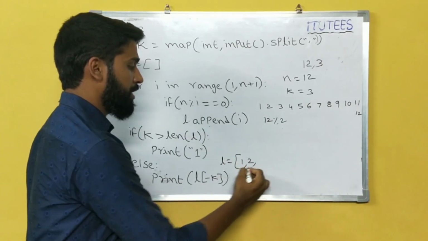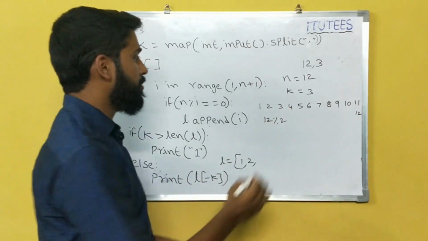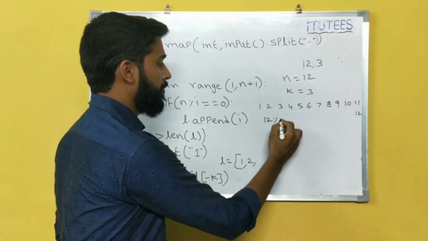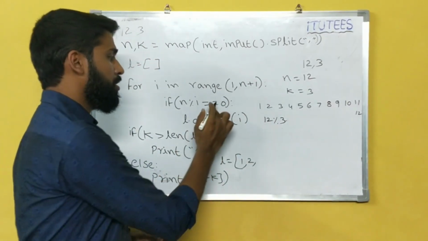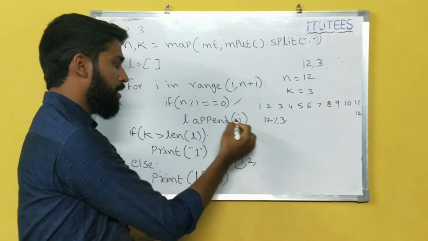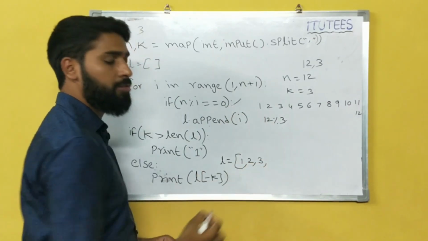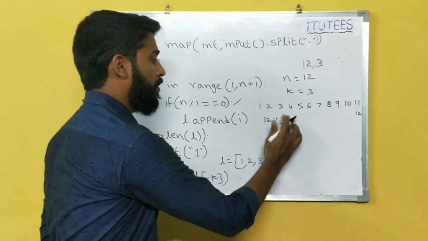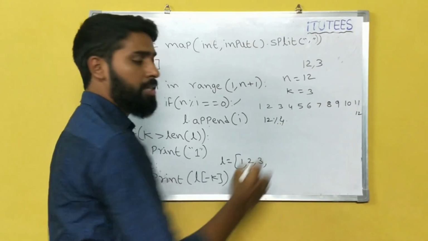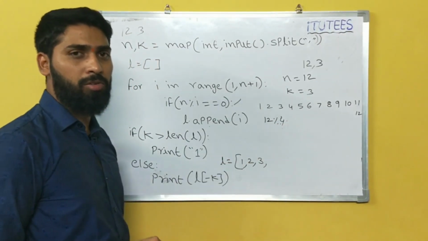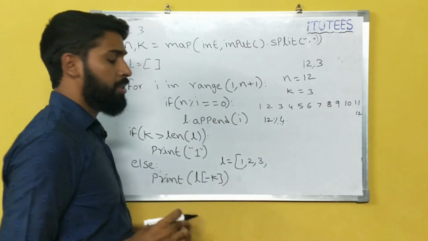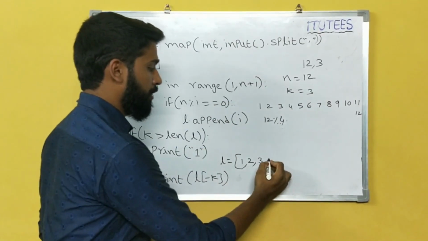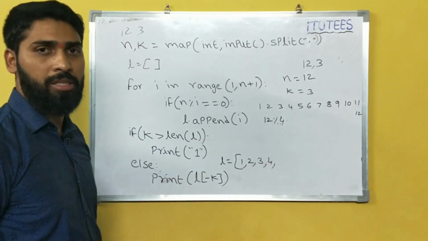Next we get 3. 12 percent 3 equals 0, true, so 3 is appended. Next 4. 12 percent 4 equals 0, true, so we enter L dot append, and 4 is appended to the list.